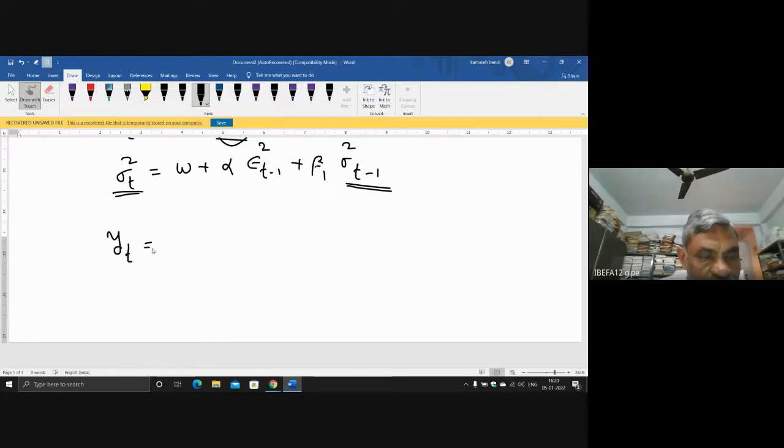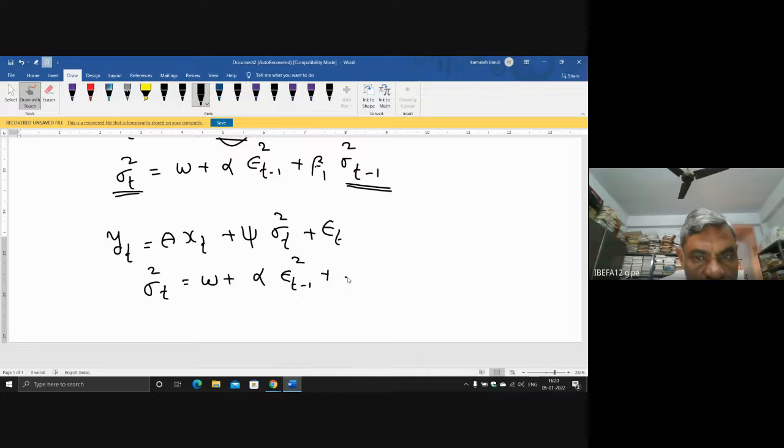Yt equals some theta xt plus psi sigma square t plus epsilon t, and sigma square t as usual, omega plus alpha epsilon t minus 1 square plus beta sigma square t minus 1.